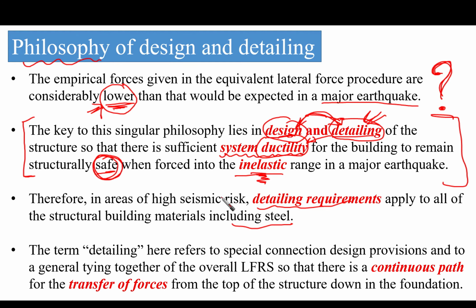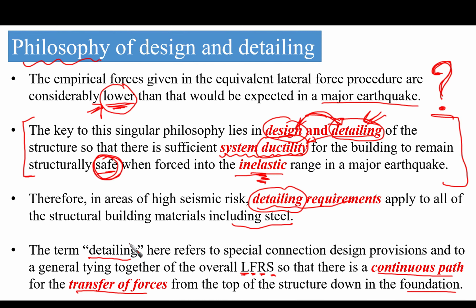So whenever we talk about detailing, what is the meaning of detailing? The term detailing here refers to special connection design provisions and to a general tying together of all lateral force resisting systems so that there is a continuous path for the transfer of forces from the top of the structure down into the foundation.